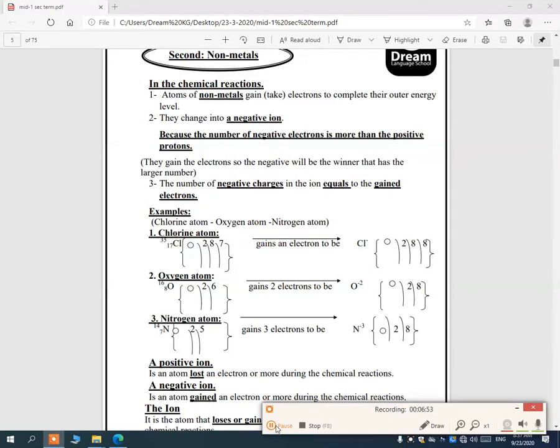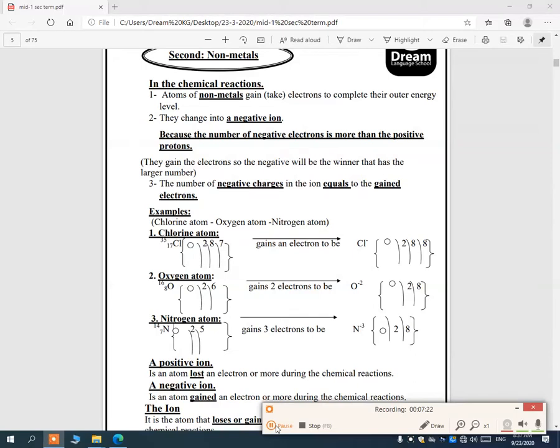So they need to be stable, and the only solution for the nonmetals to be stable is to gain electrons, the electrons which are lost by the metals. So when the nonmetals gain electrons, they change into a negative ion. Why? Because the number of negative electrons will be more than the positive protons. Okay?